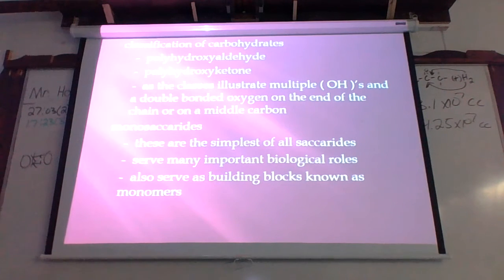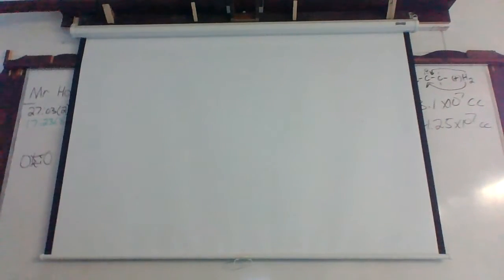Both of them are carbonyl atoms, but the difference is where that oxygen's at. If it's an aldehyde, it's where? On the end. If it's a ketone, somewhere other than the end, in the middle. Okay, so we'll continue with this information at a later time, but now for probably the next better part of 2 weeks, we're going to be working on drawing these structures.